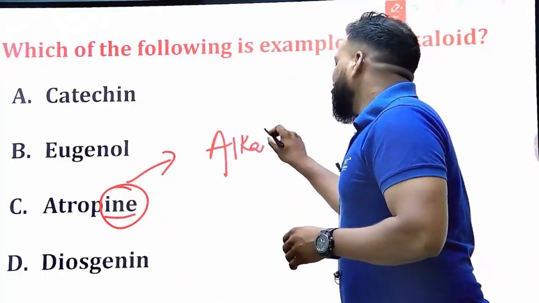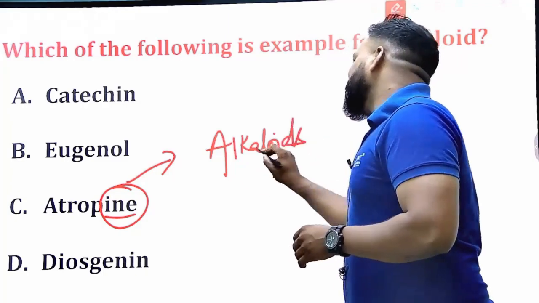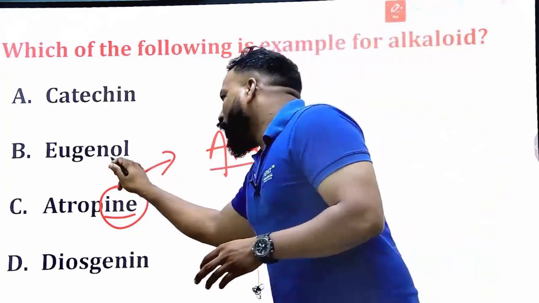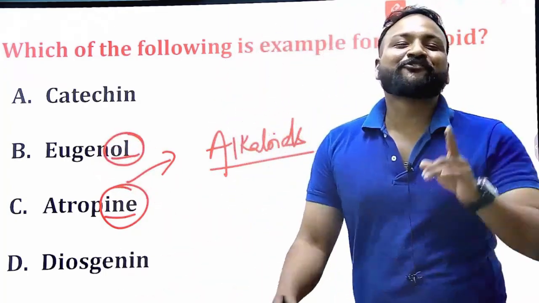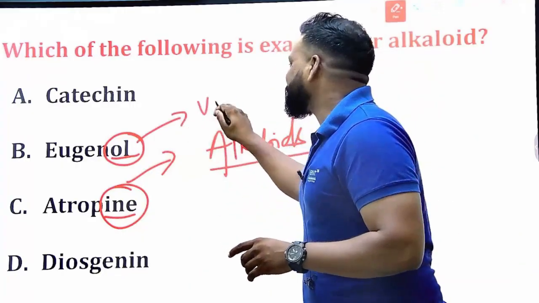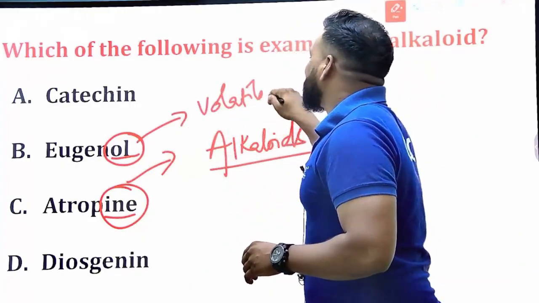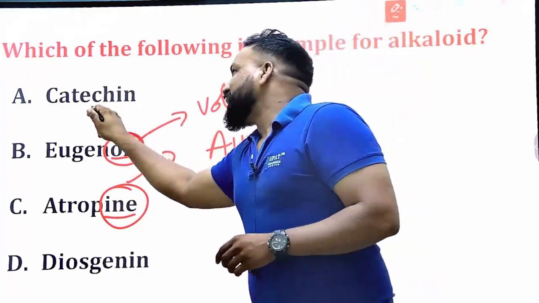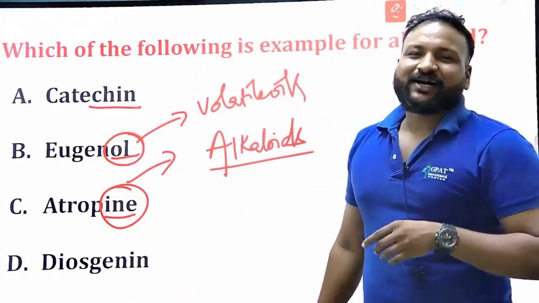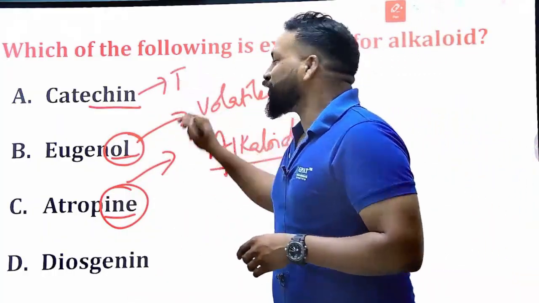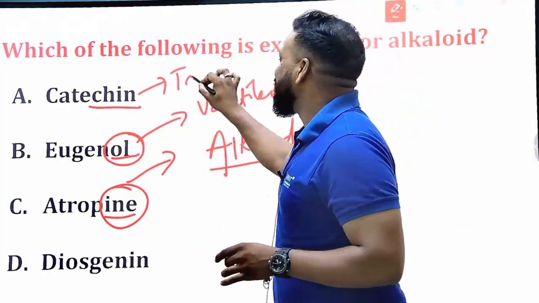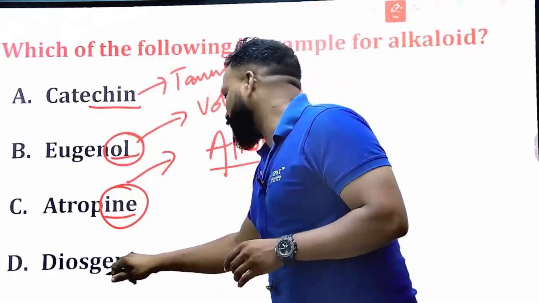That's the way to remember and identify alkaloids. The suffix -ol is for volatile oils. And -chin, as in catechin, is the suffix for which one? Tannins. Yes, you're right. Good going.